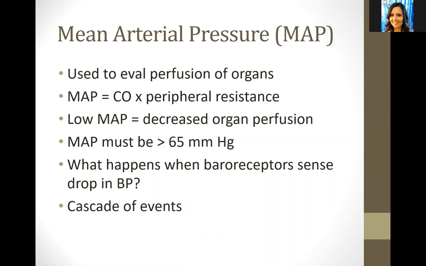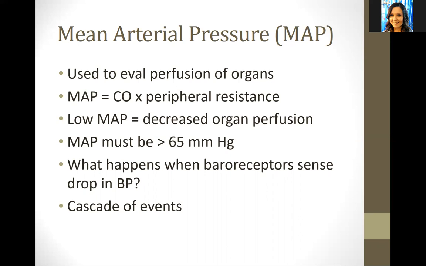When we talk about baroreceptors, they're also called pressure receptors, and they're located in the carotid sinus and the aortic arch. When blood pressure is decreased, there's a decrease in blood volume to these areas, and they sense that. They are responsible for regulating the circulating volume and also other hormonal activities that help increase or decrease our blood pressure.